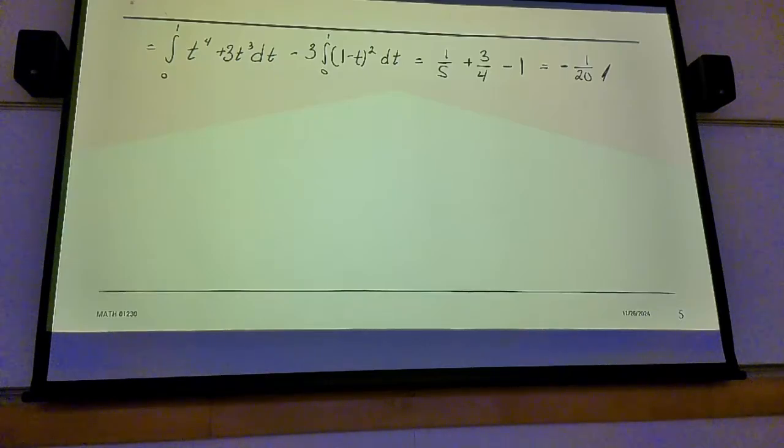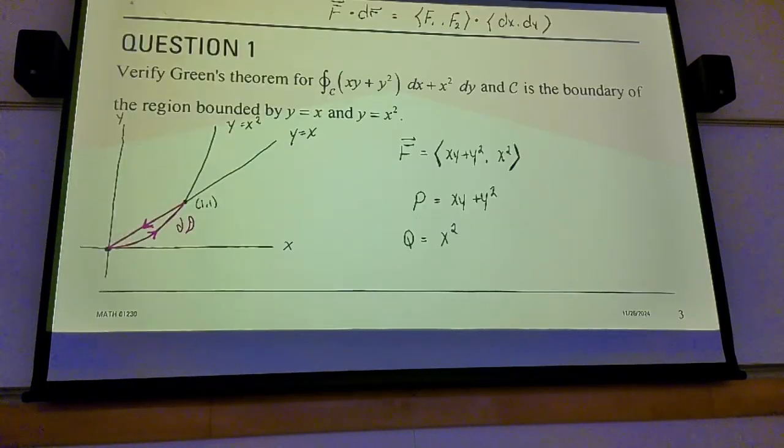Now the double integral. We need to describe our region. How would you describe that region?